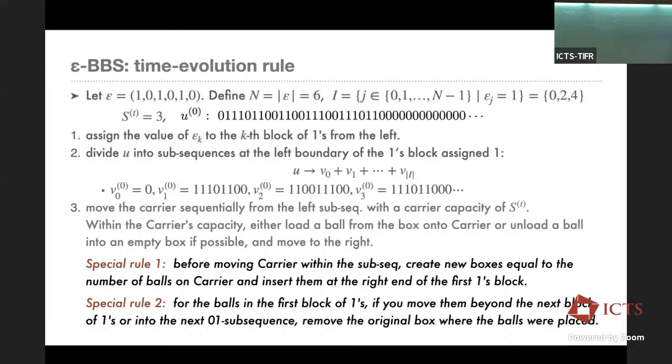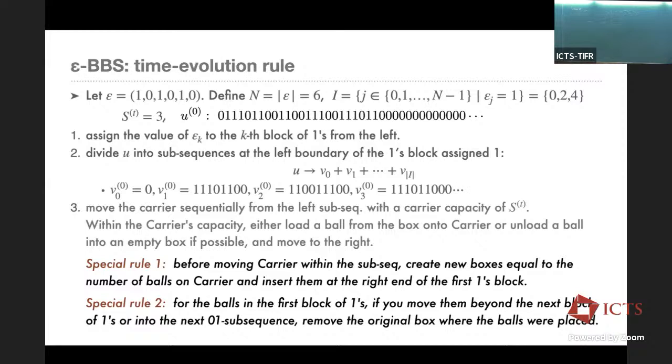It is maybe not so difficult, but a bit complicated, so firstly I want to read this rule. Special rule one: just before moving, the carrier is around here, just after finishing some box-ball work, stopped at some intermediate position of the subsequence.